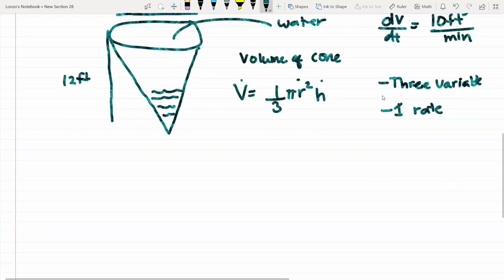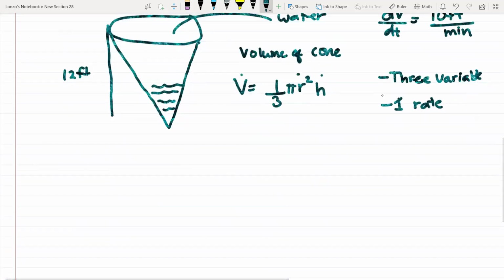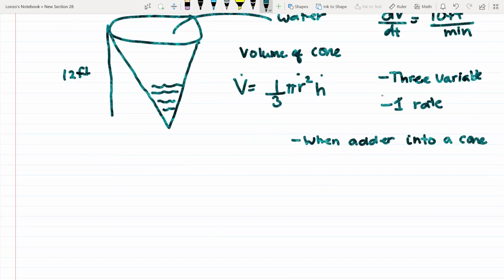So like I said before, what we know is when you add water into a cone, everything changes. Nothing is constant.